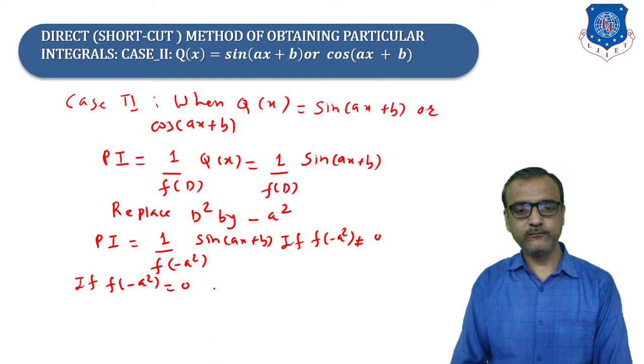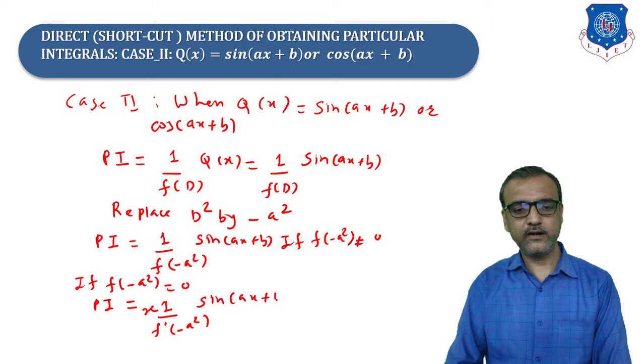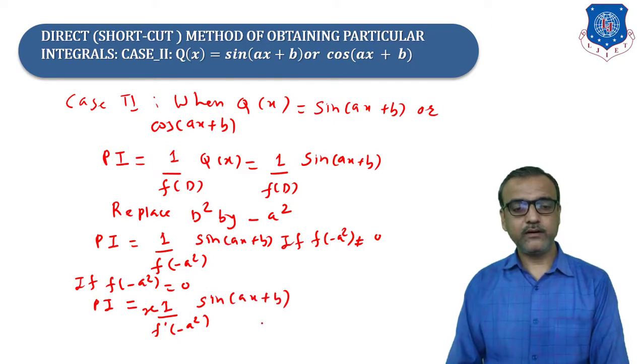If f of minus a square equals 0, then in that case we will differentiate f of D, and then replace D square by minus a square. So we will have f dash of minus a square, and we have differentiated once, so we will multiply the result by x, and write sine of ax plus b. Now what will happen if f dash of minus a square equals 0?